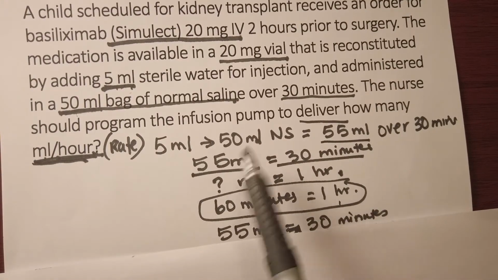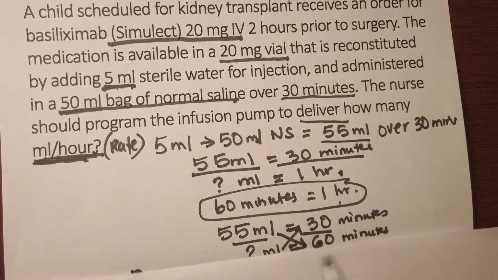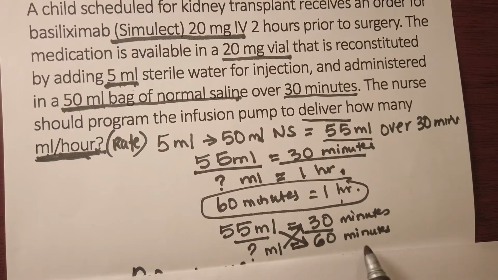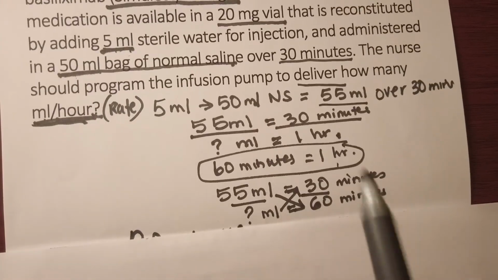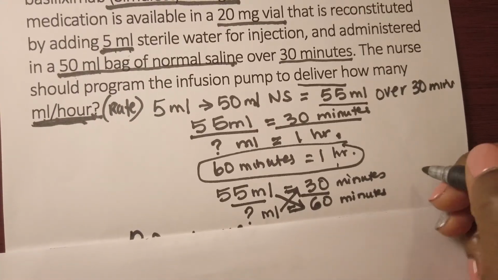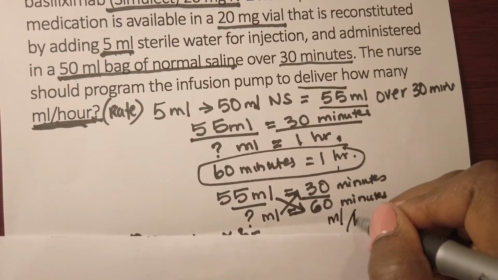So I'm going to rewrite the equation. 55 mLs in 30 minutes. How many in 60 minutes? And that will give me the same answer in mLs per hour.